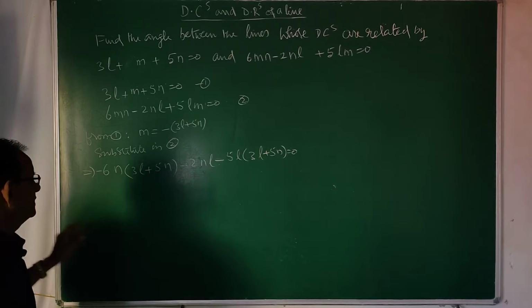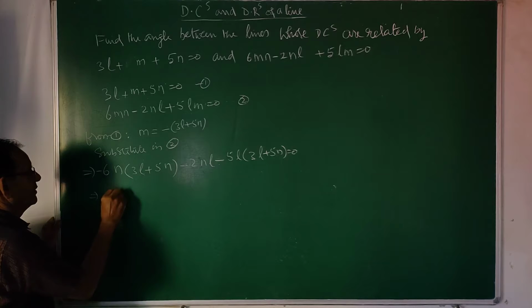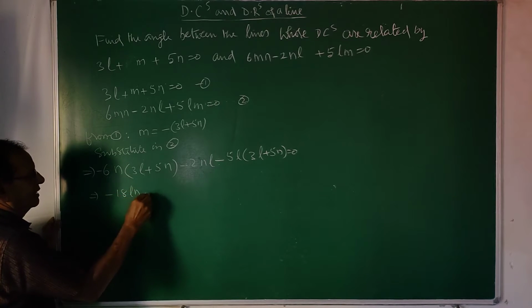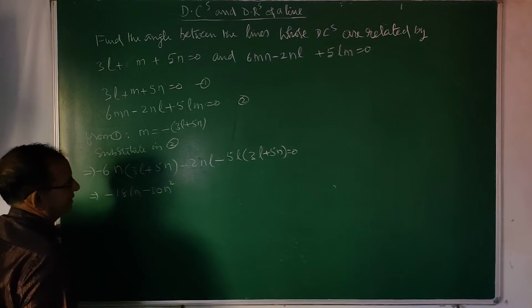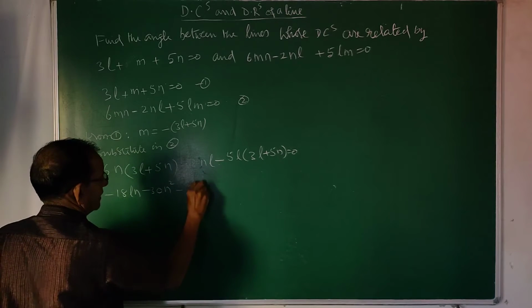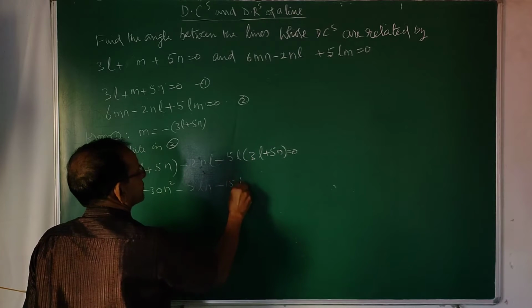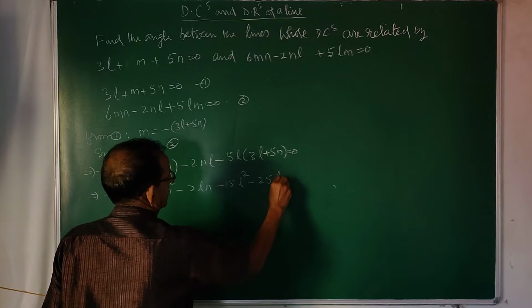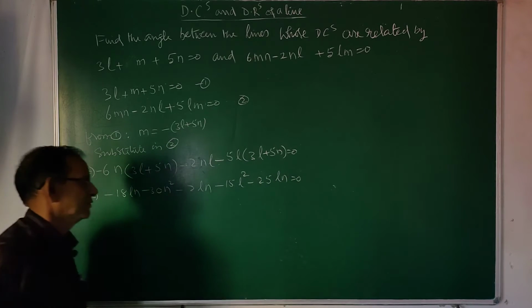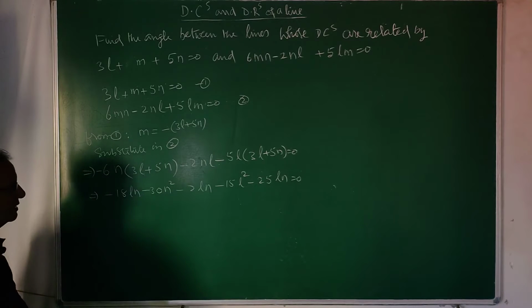Now multiply these things. Minus 6N into 3L minus 18LN minus 30N square minus 2LN minus 15L square minus 25LN equal to 0. First of all, let us write L square terms.